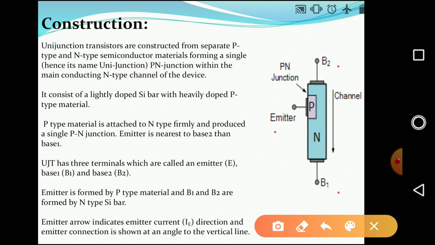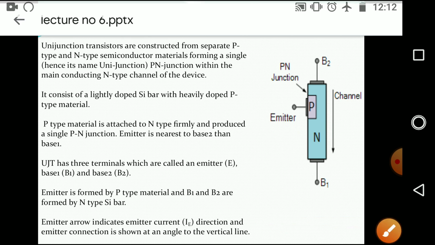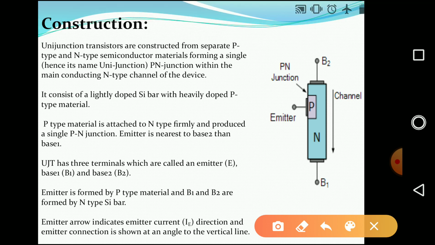Next, in the layer diagram, we can observe that it has a single N layer and a P layer. So UJT construction has only 2 layers, that is one P layer and one N layer. Here the N layer is lightly doped and the P layer is heavily doped, and when the P and N layers are combined together, they form a single junction, which is called the PN junction.